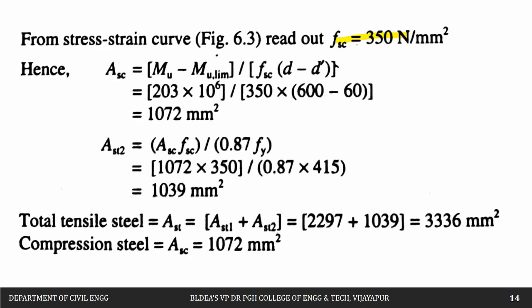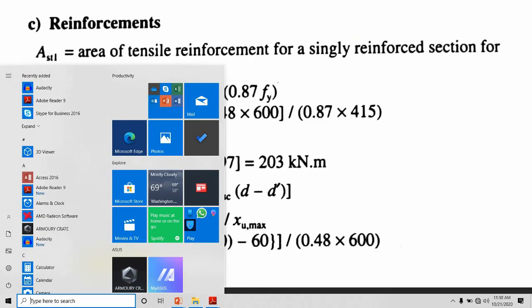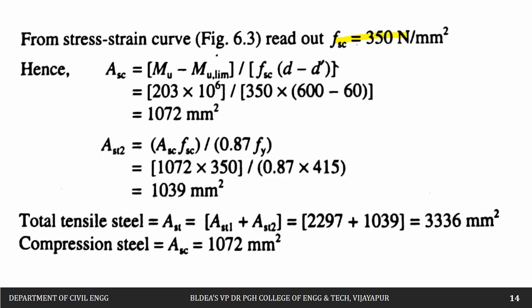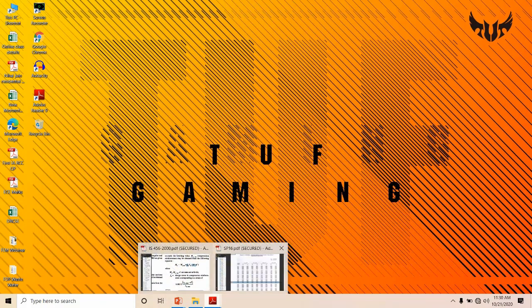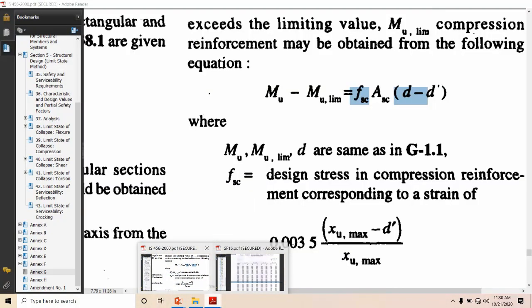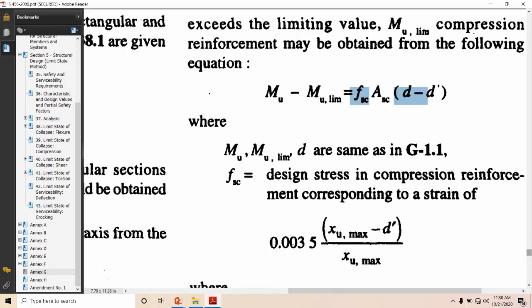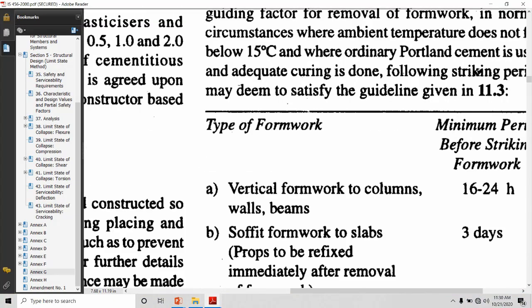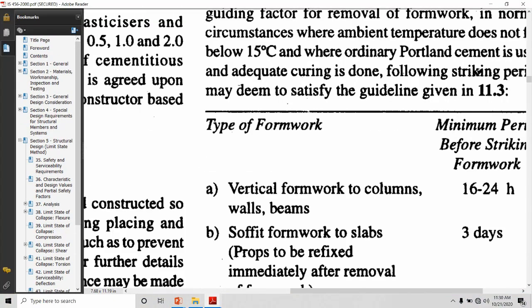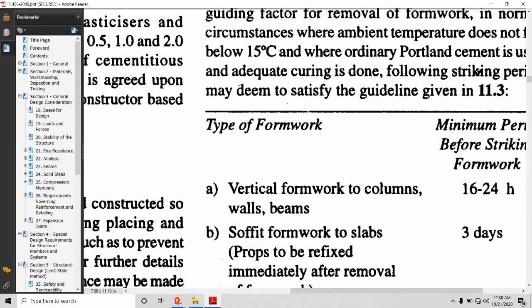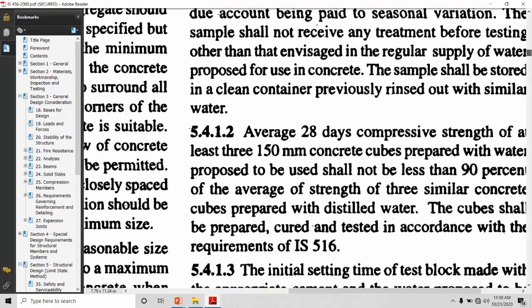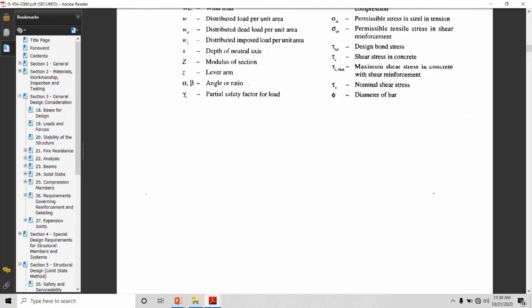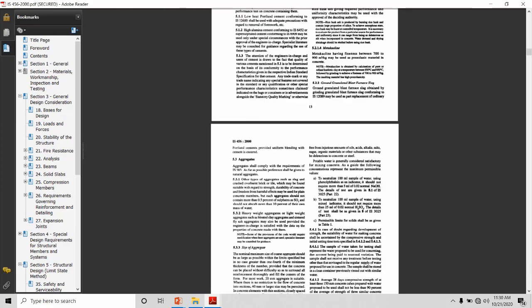For that, the FSC value has to be read from the table. It is given here itself at the start. Let me show you that also.